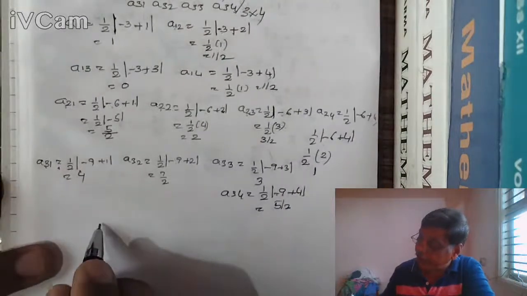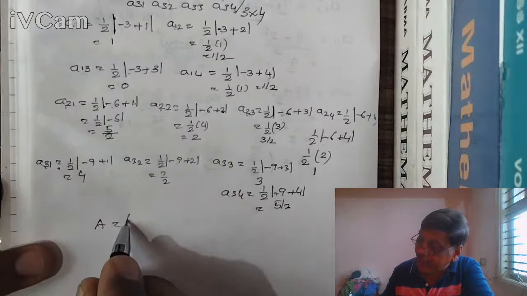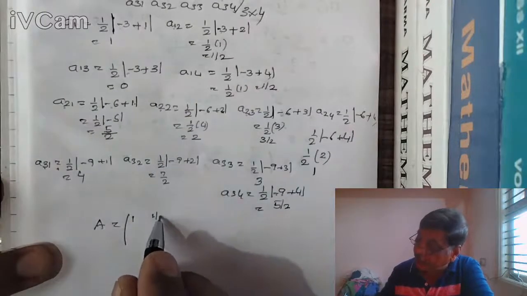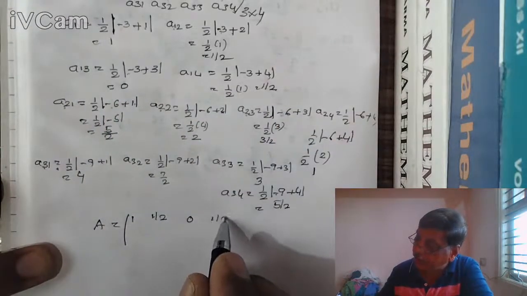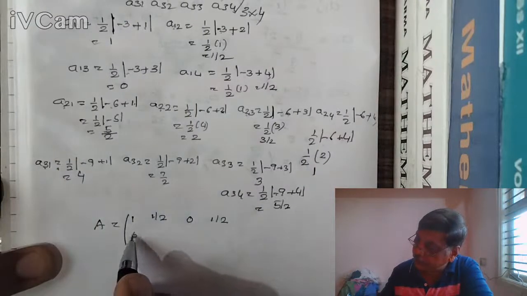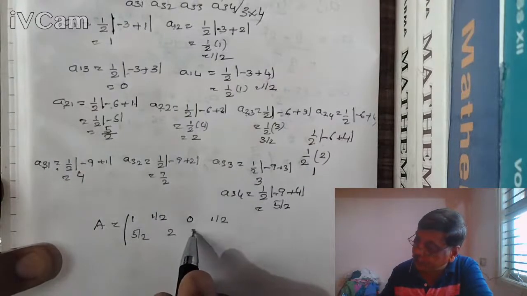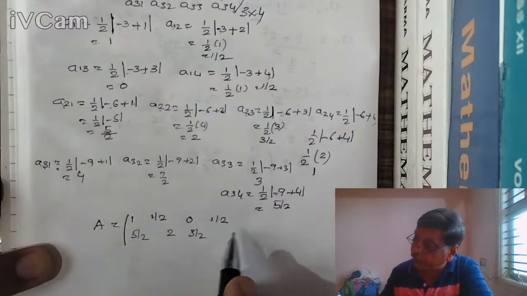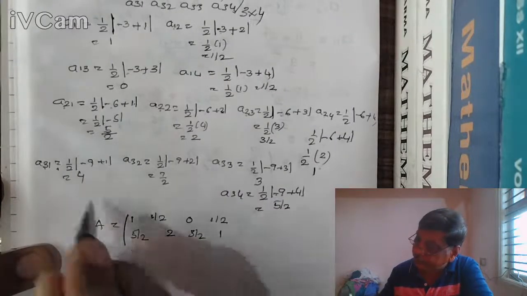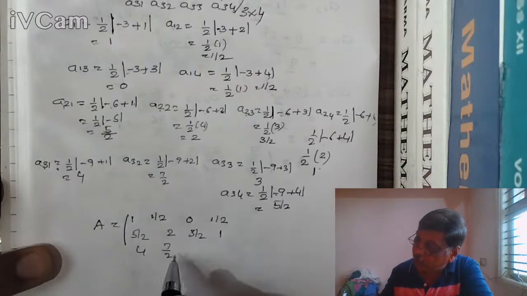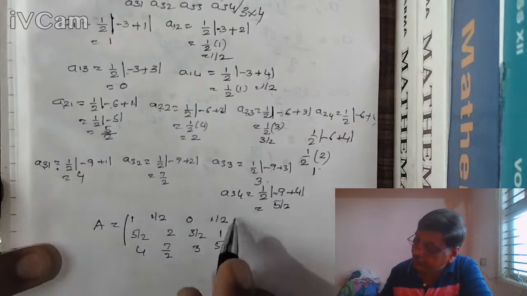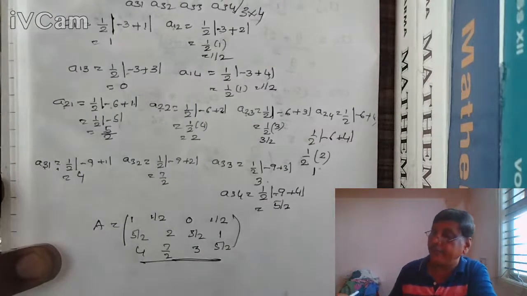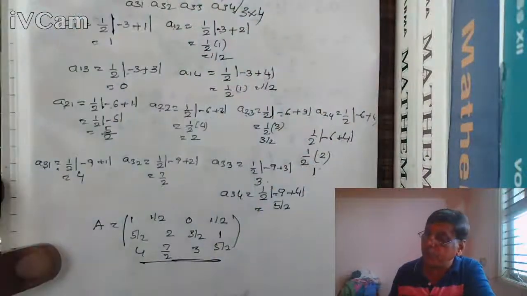So now I am going to write the matrix A. That is 1, 1, half, 0, half, 5 by 2, 2, 3 by 2, 1, 4, 7 by 2, 3, 5 by 2. So this is the matrix we required. Here sub question 1 is over.